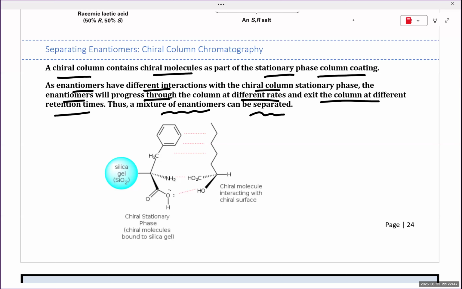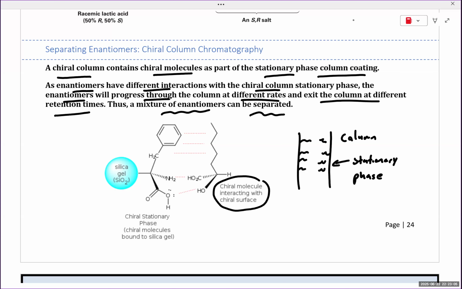So, in chiral column chromatography, you have a column and it's coated with a stationary phase. The trick in this case is that the stationary phase is coated with chiral molecules.